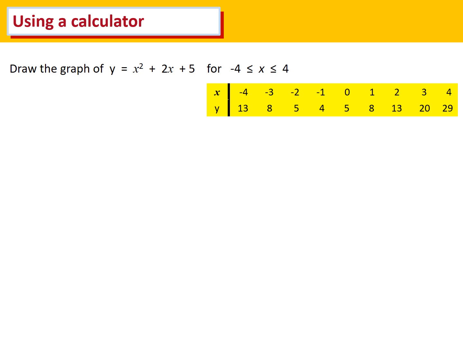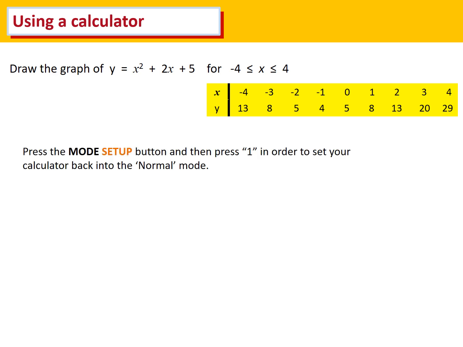Are we ready to try that with a second example? Well, first of all, press the Mode Setup button and then press 1 in order to set our calculator back into the normal mode. It's as if we haven't ever done a question like this before.